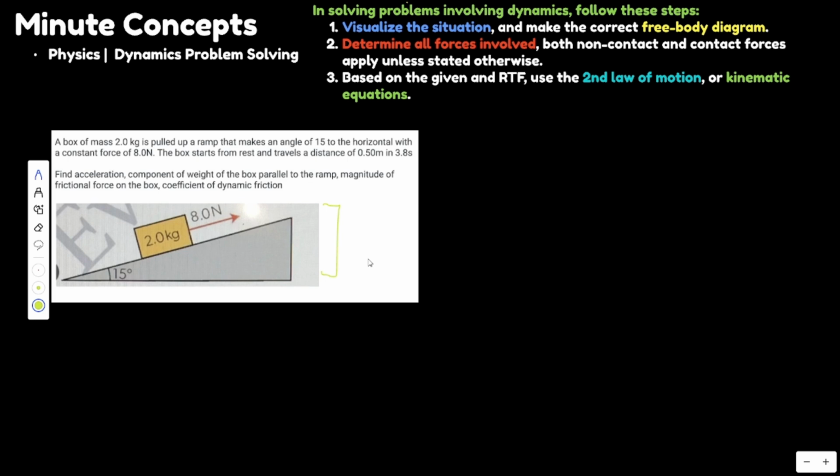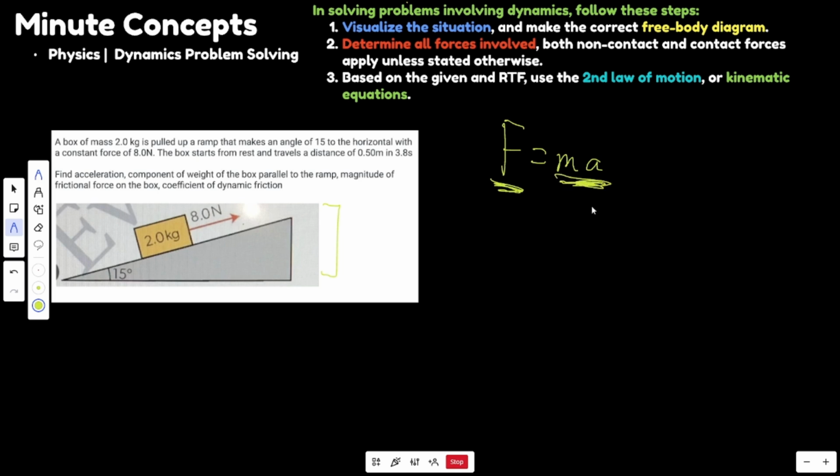We can start with the easiest to find, which is our acceleration. So how do we know that that's the easiest to find? Well, based on the question, we have a constant force. Now, if you recall, the formula for force is mass times acceleration. If this force is always the same and never changing, that means these two are also never changing.